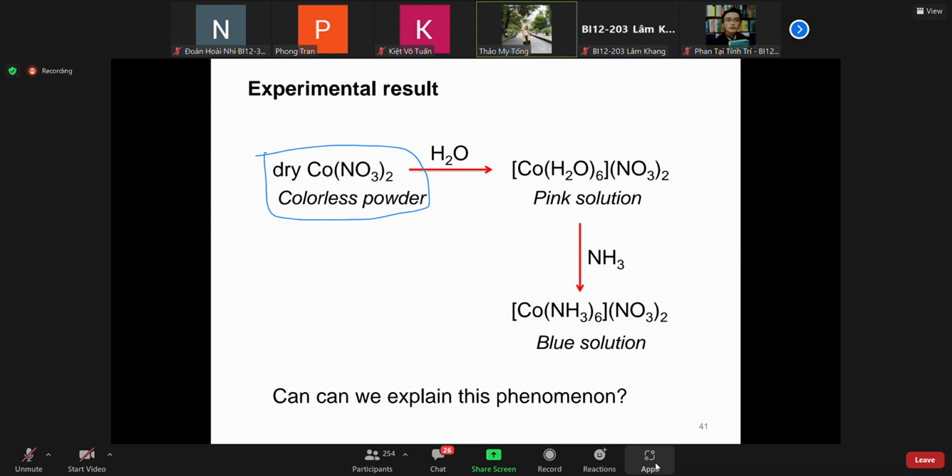Okay. It's quite important to try to apply what you learn, very general things, to solve phenomena that we observe in the lab and in our life. So try to solve these questions. First, why do we see color?